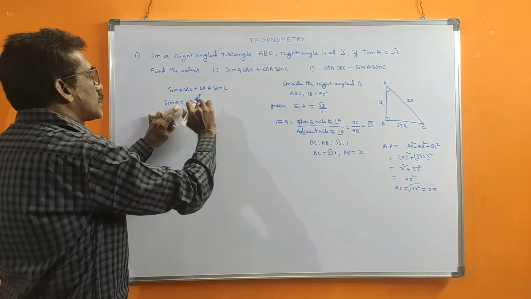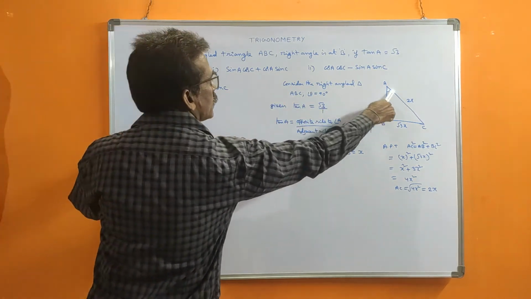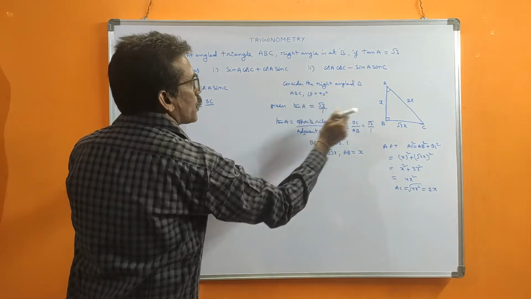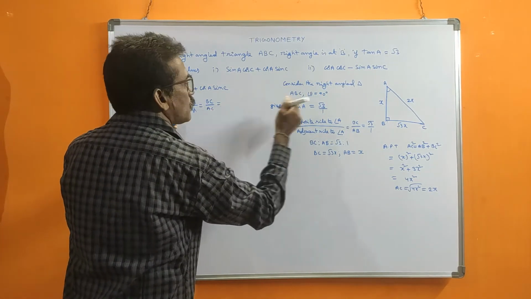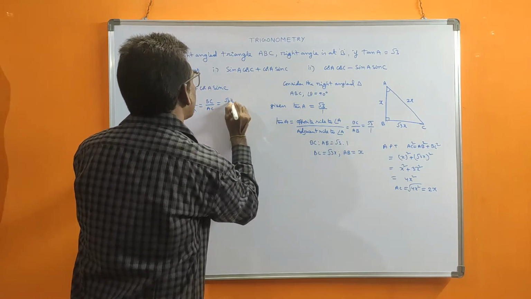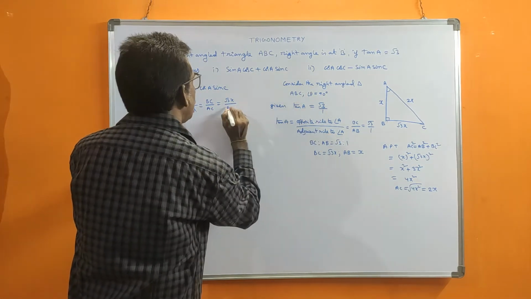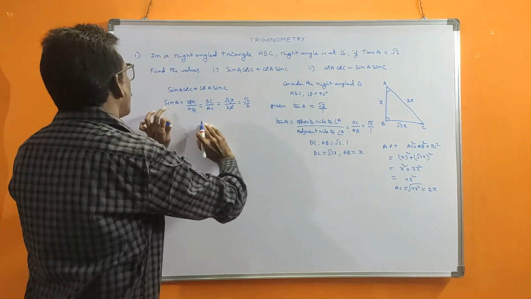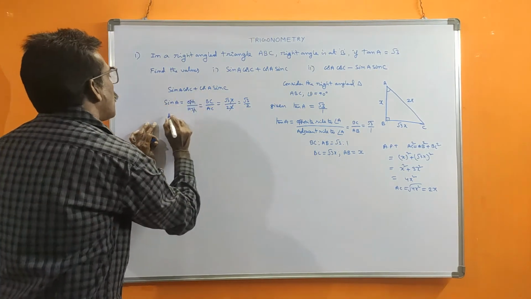For A, the opposite side is BC and the hypotenuse is AC. BC value is root 3x, AC value is 2x. X cancels. Root 3 by 2. So we got the sin A value.